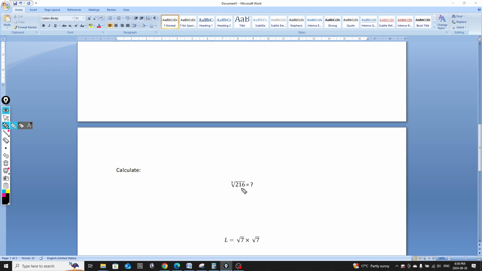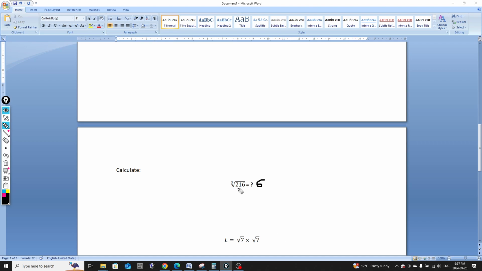I also gave you a list of the first 20 perfect squares, and I do recommend that you memorize those. It's just going to make your life a little easier with these kinds of calculations. If you remember those, you'll also remember that 216 is 6 to the power of 3. So the cube root of 216 is just going to be straight up 6.